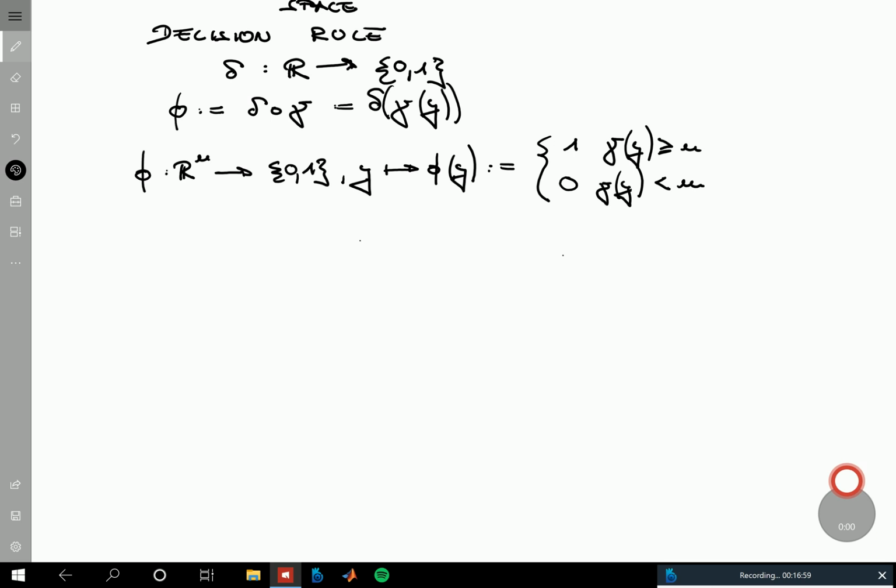Yeah. So to make this concrete in terms of the one sample t-test, the y would be a list of data, and then gamma y would be the t-statistic.